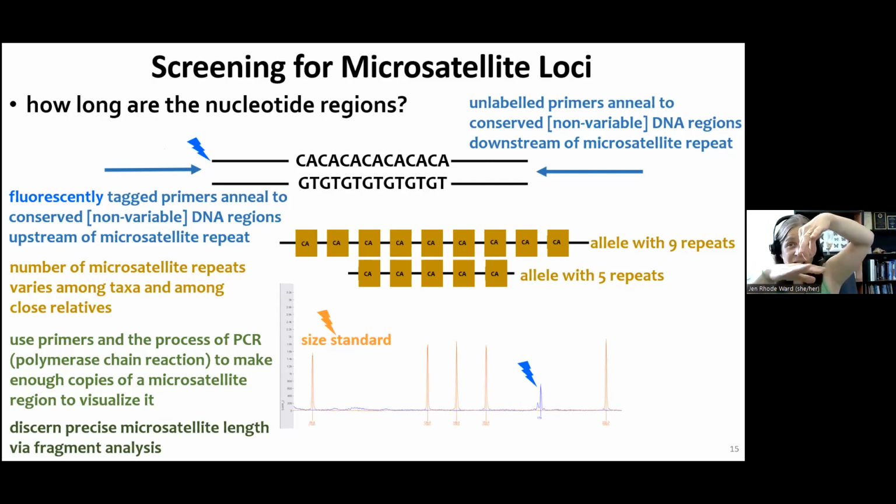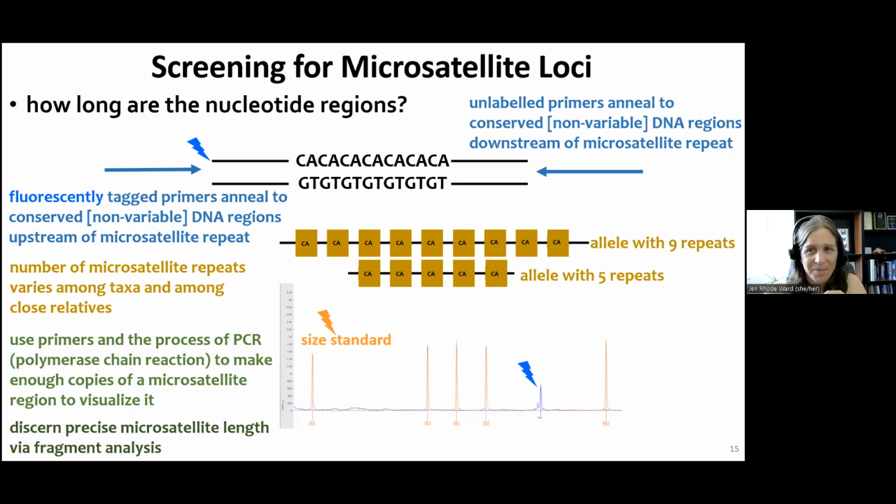And the laser scans for the color of the size standard and the color of the microsatellite. And then I put this picture into another computer program that tells me exactly how big that microsatellite region is. And from that, I can figure out exactly how many repeats are in that region. And I can compare individuals, because individuals with more copy numbers in common are more closely related than individuals with fewer copy numbers in common.